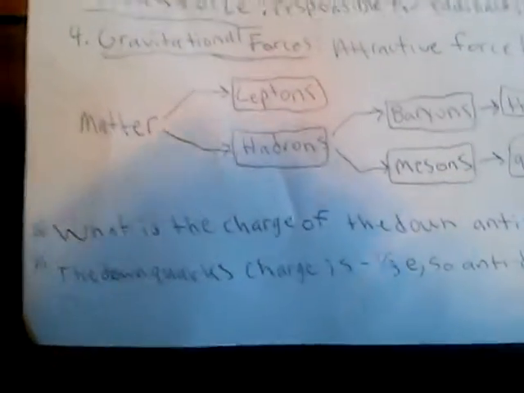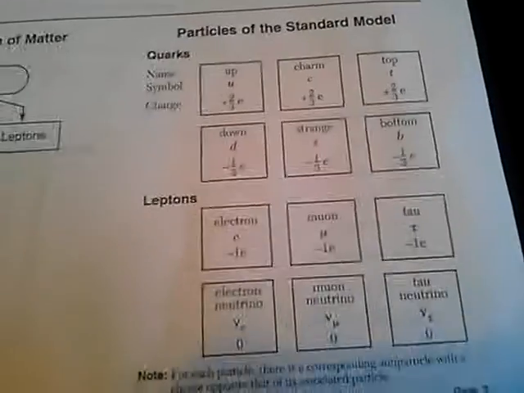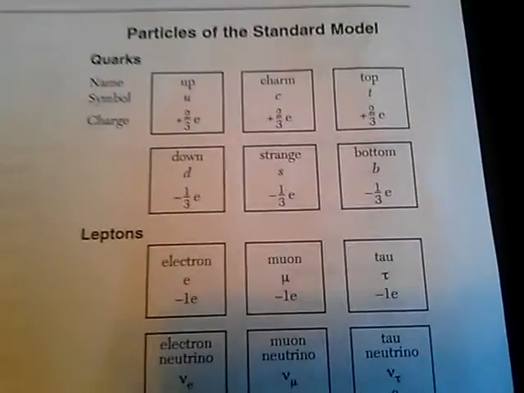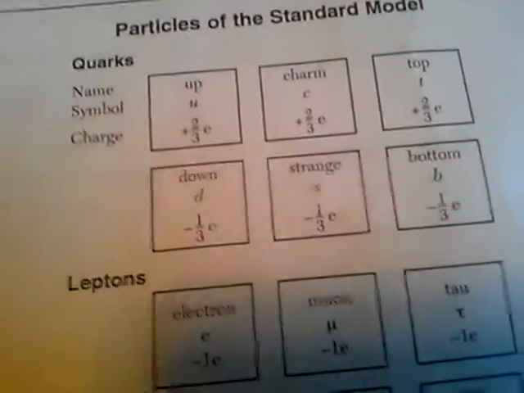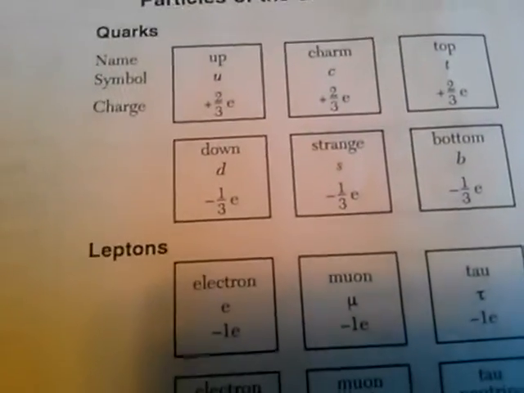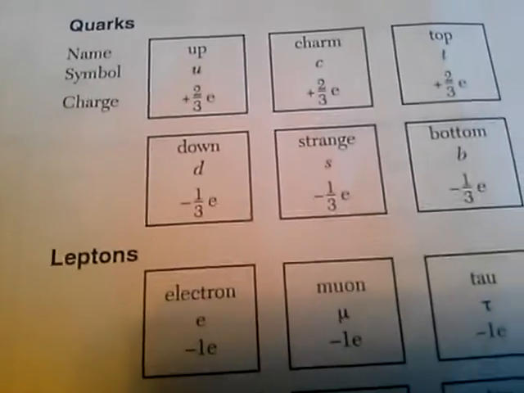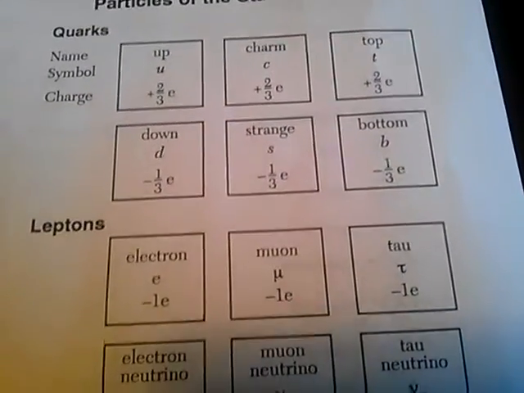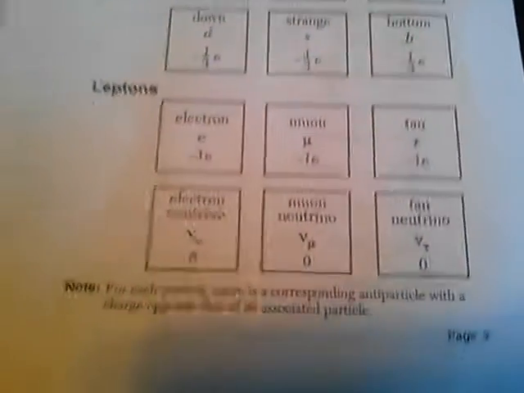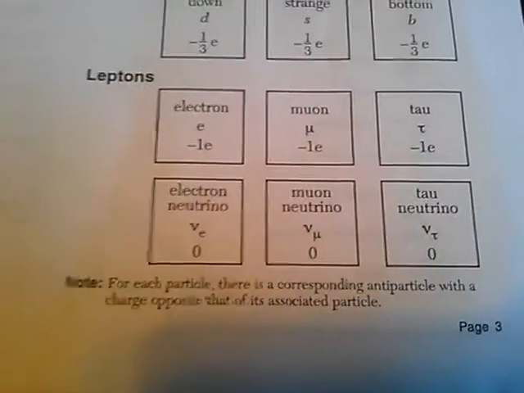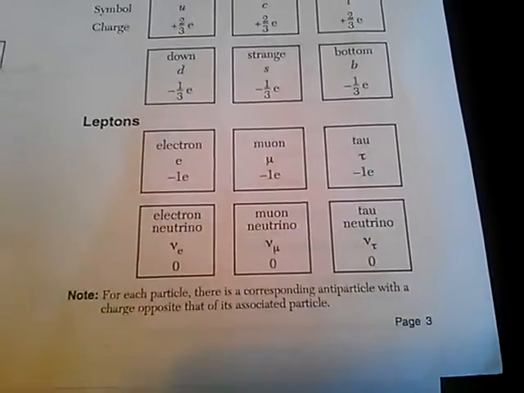There's another table you need to look at in the reference table. It's the particles of the standard model, and it has the quarks and their charges. Up is plus 2/3 e, down is minus 1/3 e, and then there are also charm, top, strange, and bottom quarks. And there are also the leptons on the bottom, like the electron and muon. Those have the charge and the symbols.